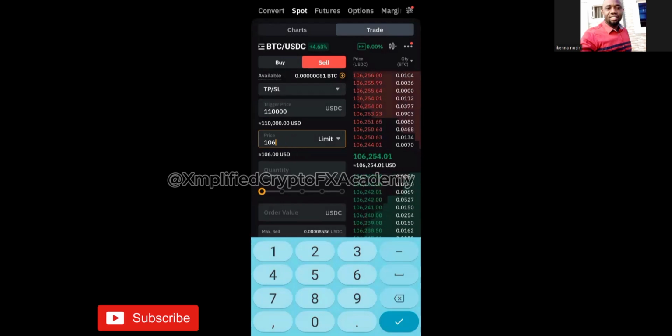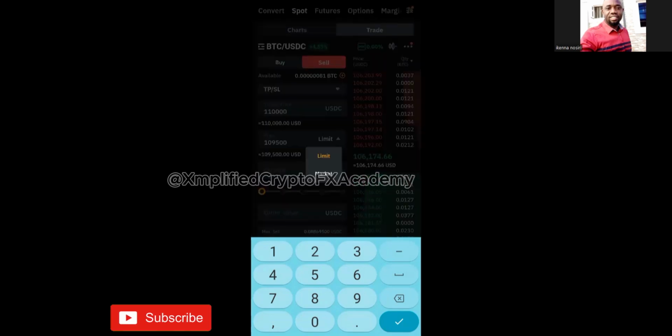My trigger is 110,000, so I'm going to place it at 109,500. Whenever it gets to 109,500, it will start activating my trigger price and getting it ready to trigger for me. That's the essence of limits. If you don't want any confusion at all, just use the market so that it does everything for you.